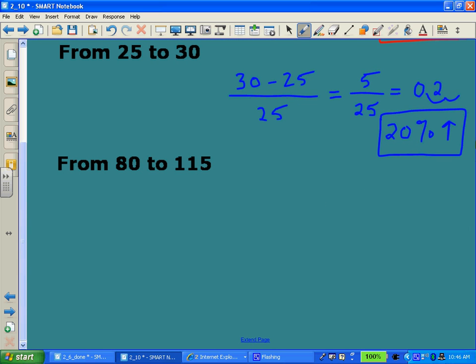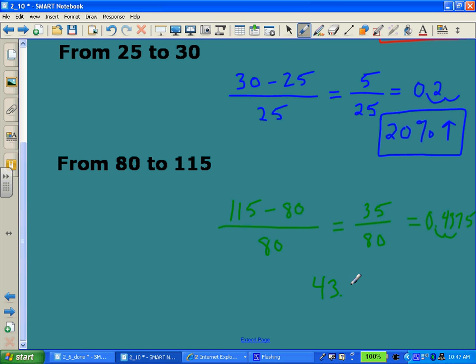And one more example of this. Start out once again with big minus little. Divide by the original number. Started with 80. So 115 minus 80 is 35 over 80. 35 divided by 80 is 0.4375.